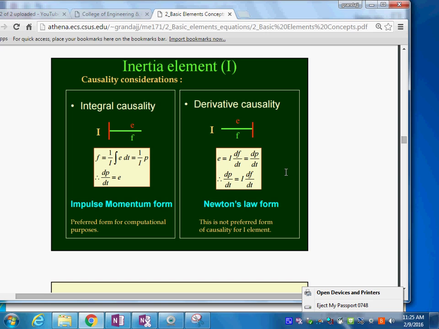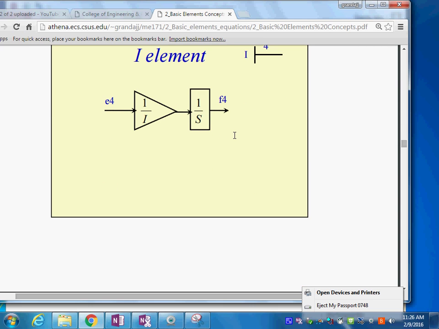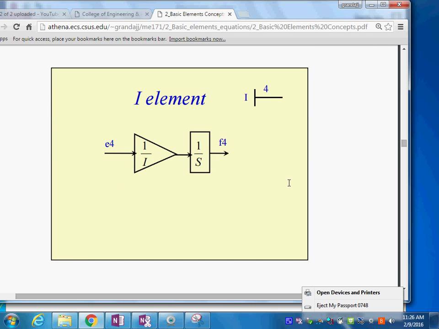Now let's take a look at the source elements, because they are either effort sources or flow sources. In the case of a voltage, that's an effort source because voltage is an effort variable. In the case of a motorcycle or vehicle going over a bumpy road, this is an interesting question that I always pose to students. Is the ground providing a velocity input or is it a force input?